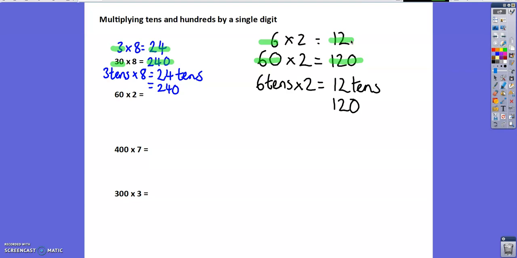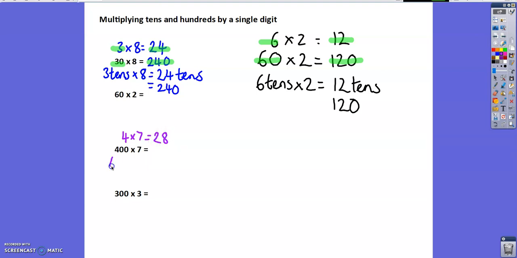Now we can apply a similar skill to multiplying hundreds by a single digit. I'm sure already, based on these first ones, some of you are fairly confident and can probably predict what our answers are going to be to these mentally. So once again, if I know my times table, so if I know 4 times 7, I know 400 times 7. So 4 times 7 is 28.